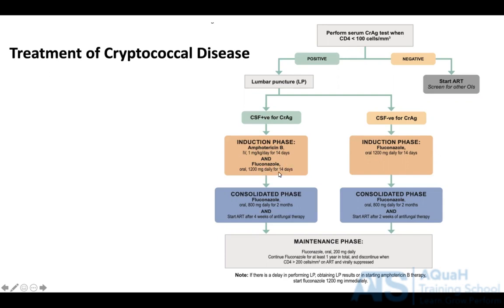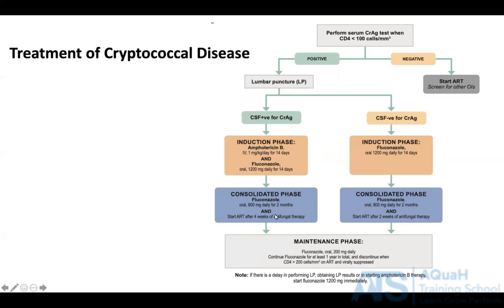After 2 weeks, we would then stop the amphotericin B and reduce the fluconazole from 1,200 milligrams daily to 800 milligrams daily for 2 months, right? Whilst the patient is continuing with the 800 milligrams, once they conclude 4 to 6 weeks of antifungal therapy, we would then start them on ARVs, right?